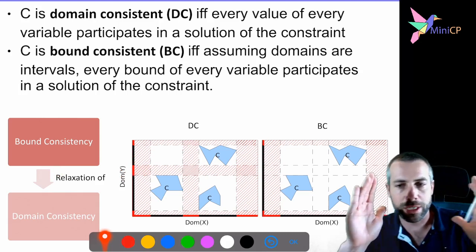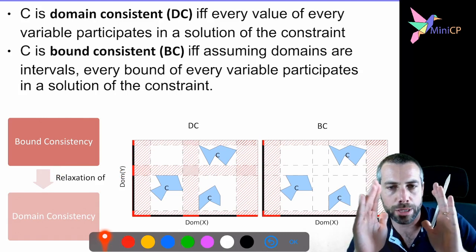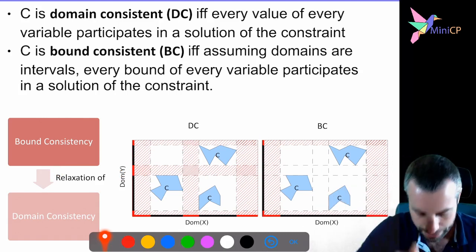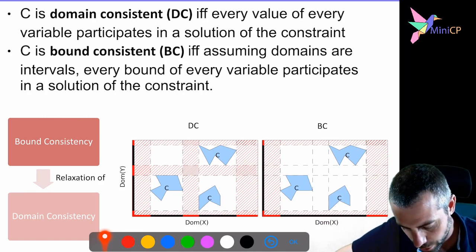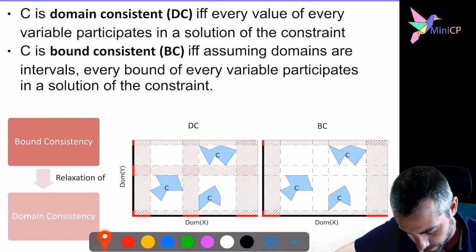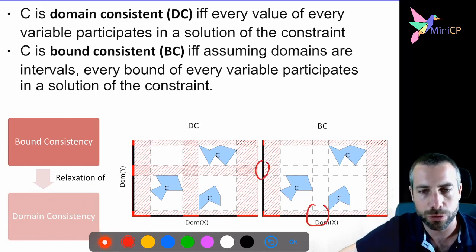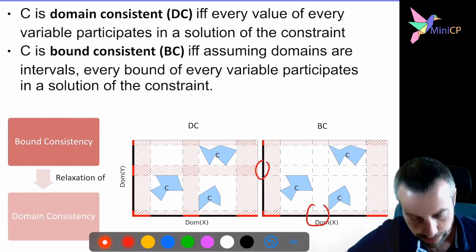We will only shrink the domains of all the variables and not remove values in the middle of them. So we will just shrink the domains. And so a bound consistent filtering algorithm would do something like this. And as you can see, this, we don't remove it. Although it's not consistent, we don't remove it because it would be too time consuming for some of the constraints to do that.